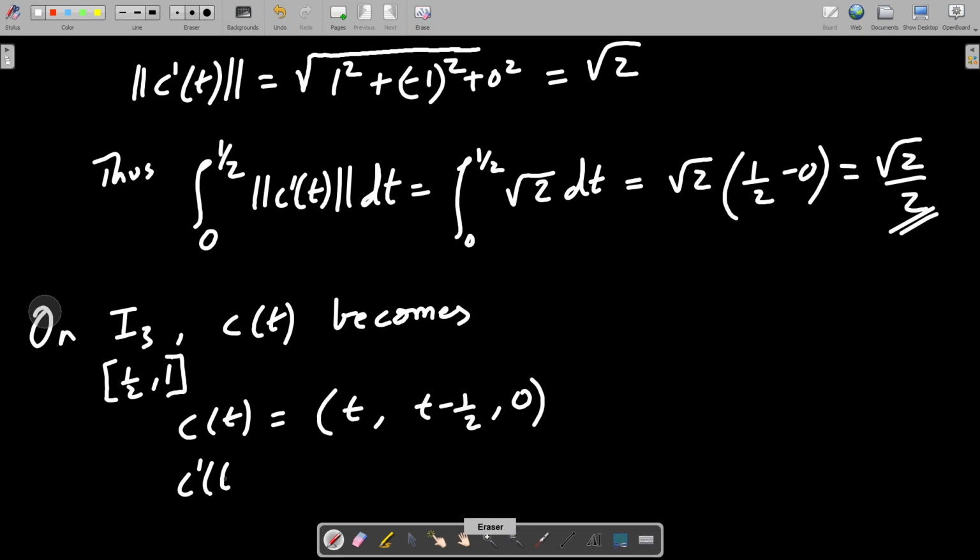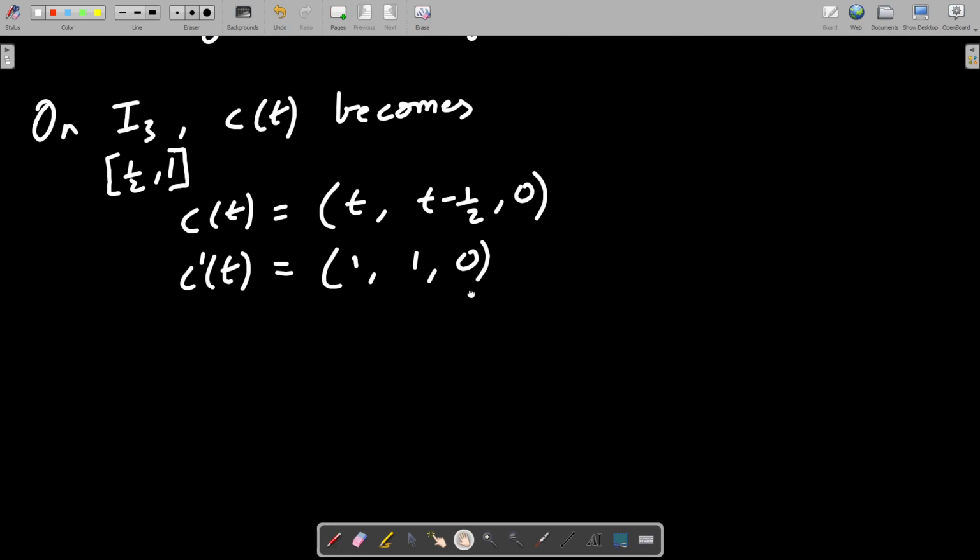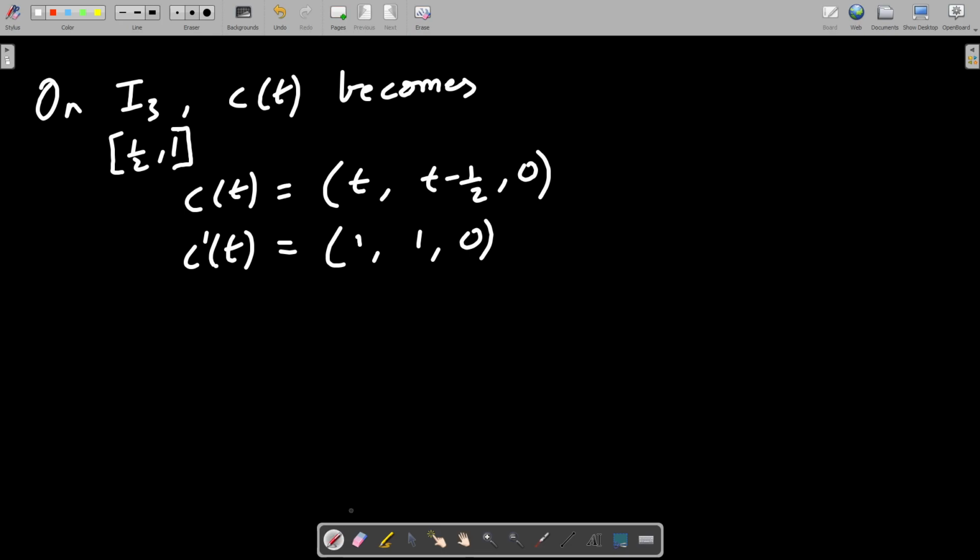So c prime of t will become 1, 1, 0. Norm of c prime of t will be equal to root 2 because we have done it too many times now.